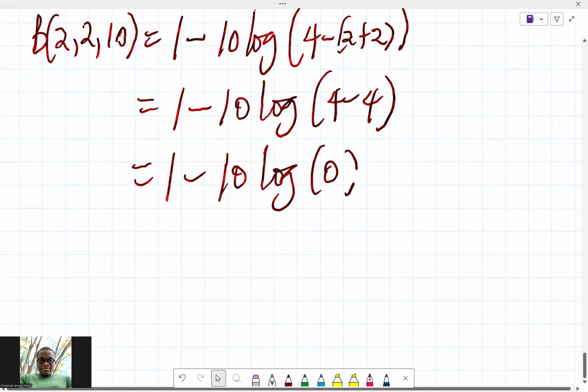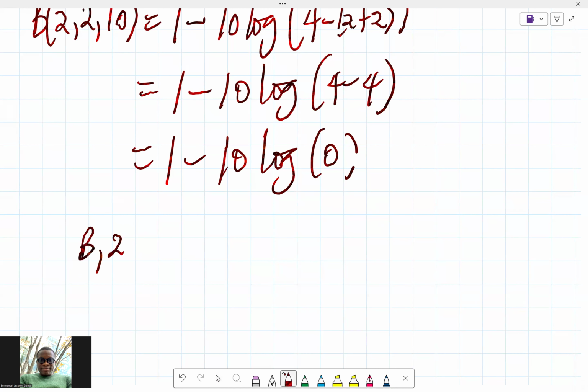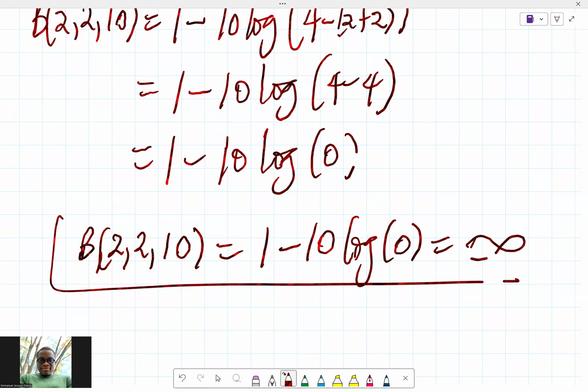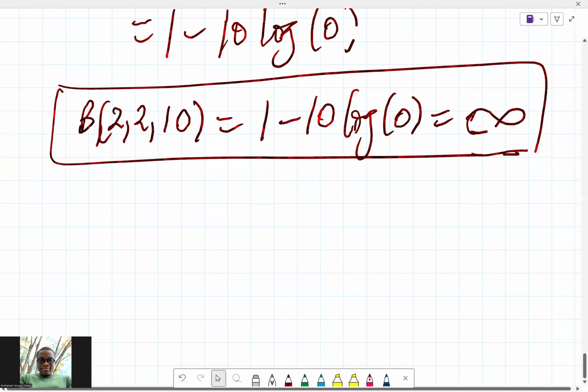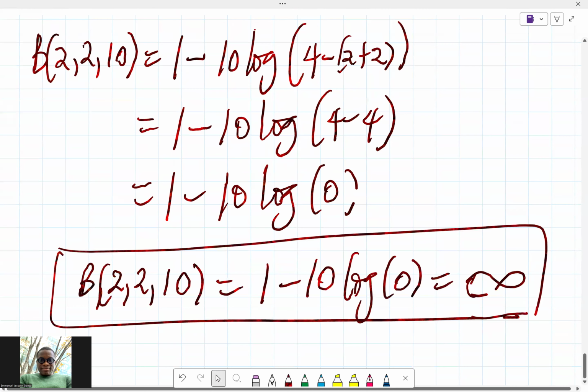Log 0 is undefined. So that's a big one. So b of (2, 2), 10 is equal to 1 minus 10 log 0, which is basically infinity. So you cannot cross the boundary.